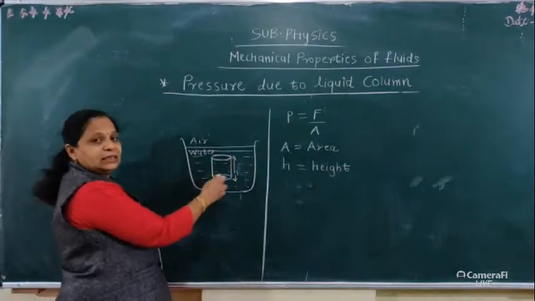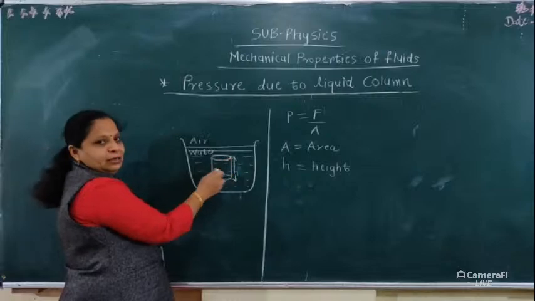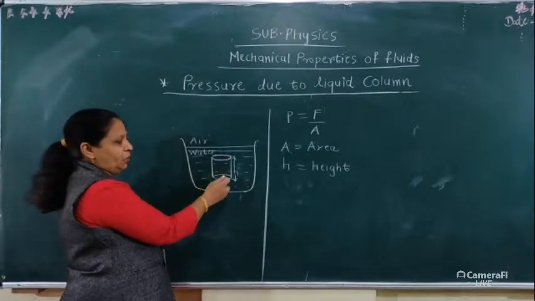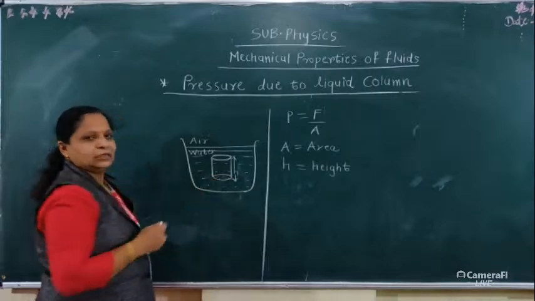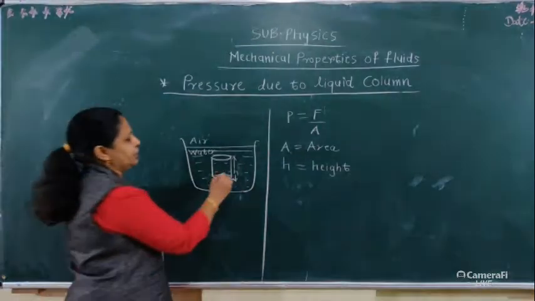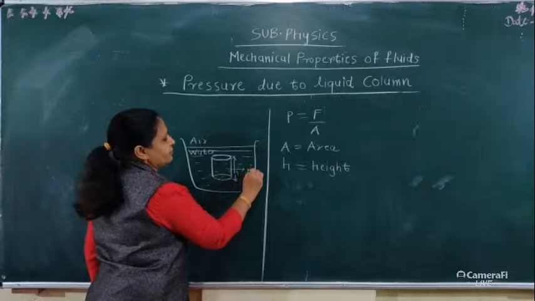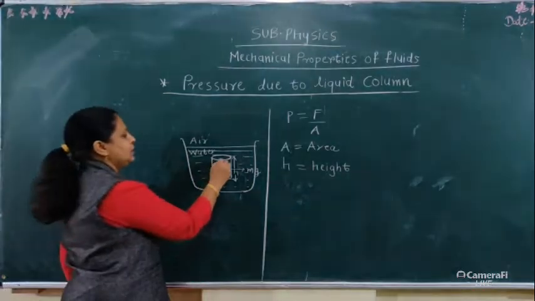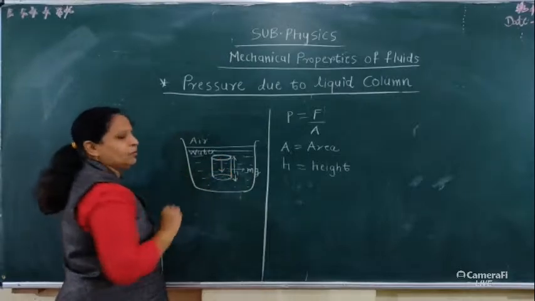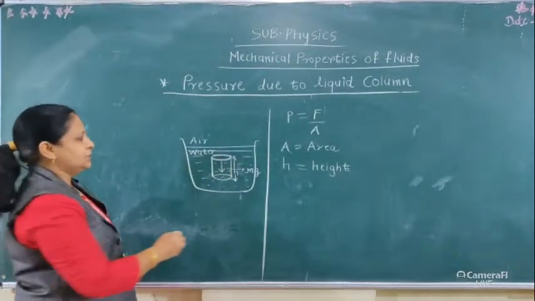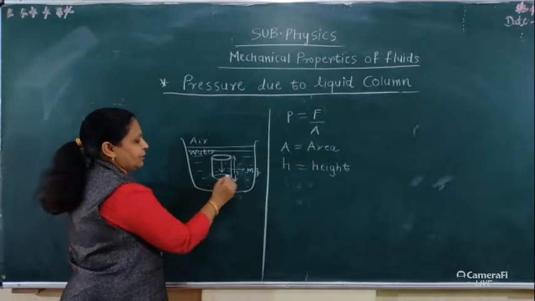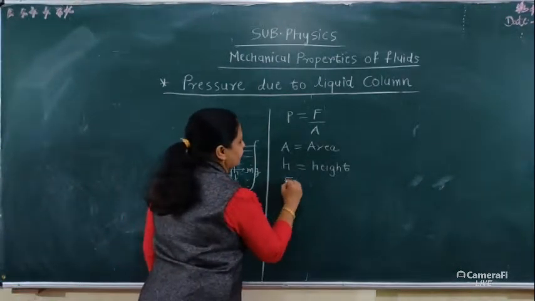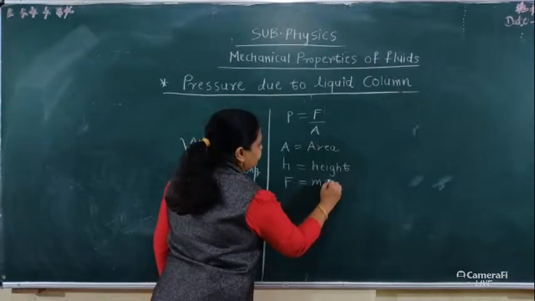Now this imaginary cylinder contains liquid. Then the weight exerted by this liquid on the bottom surface of the cylinder is equal to mg, and this force is exerted in downward direction on the bottom surface of this cylinder. Therefore, F is equal to mg.